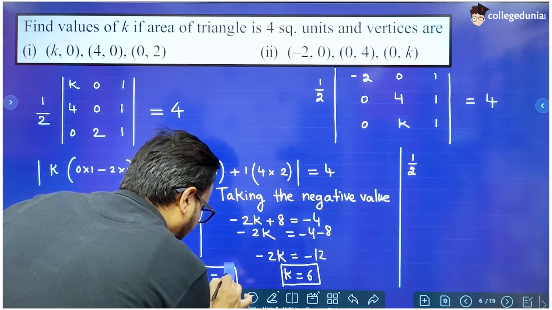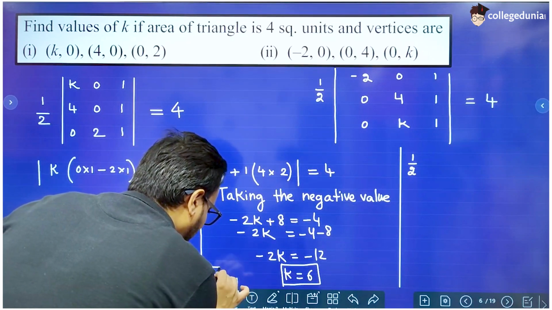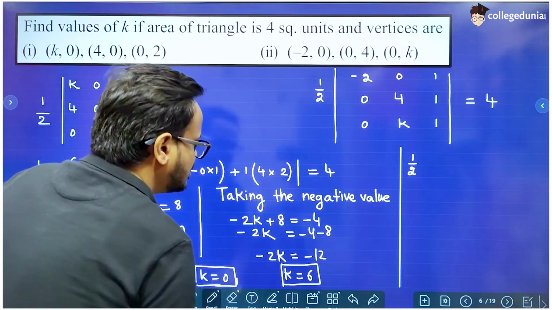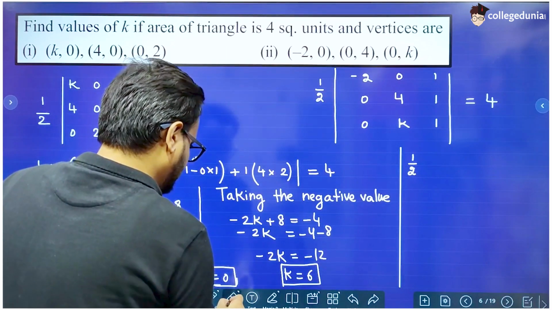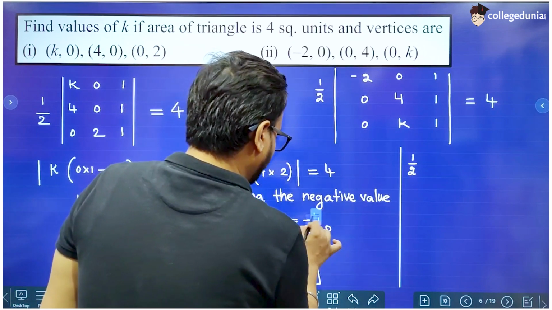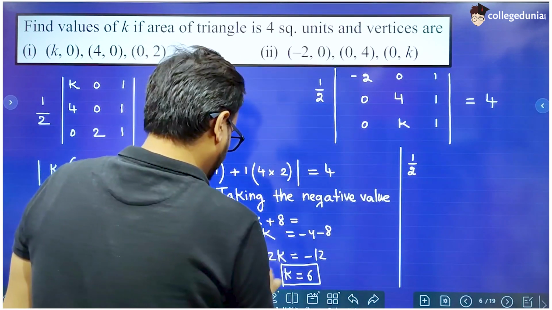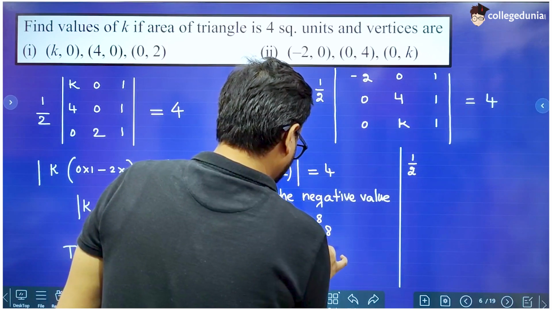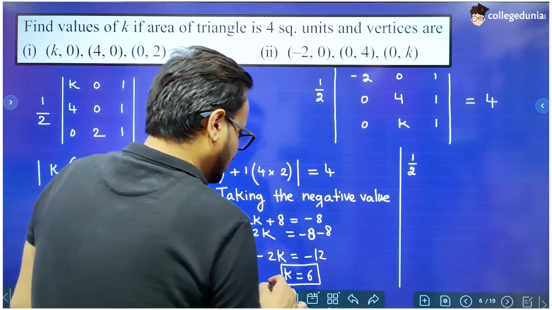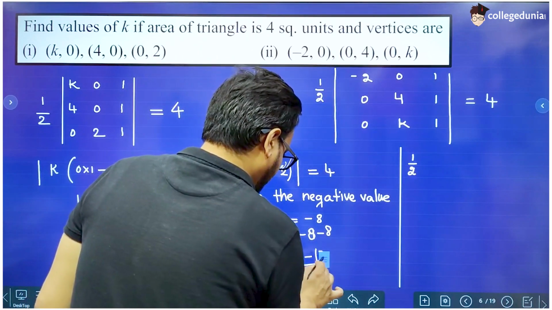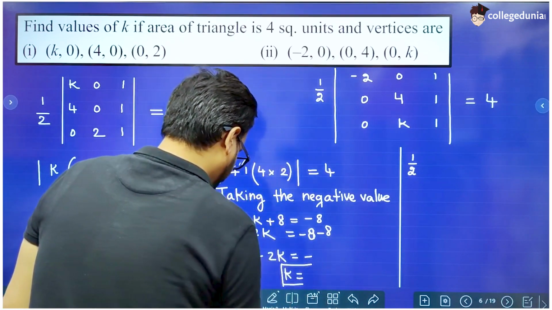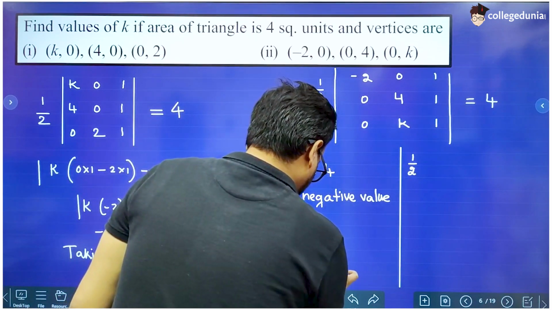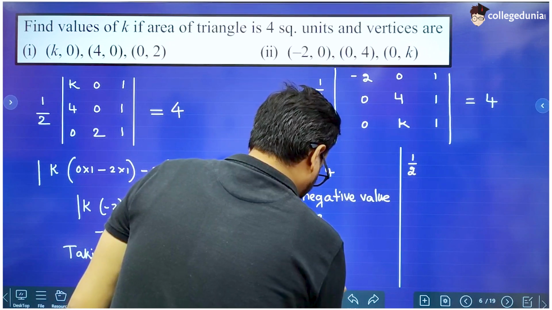So the value of k in the first case should be 0, and this is taking the negative value, so it is minus 8. So minus 8 is minus 16, which gives k as 8.